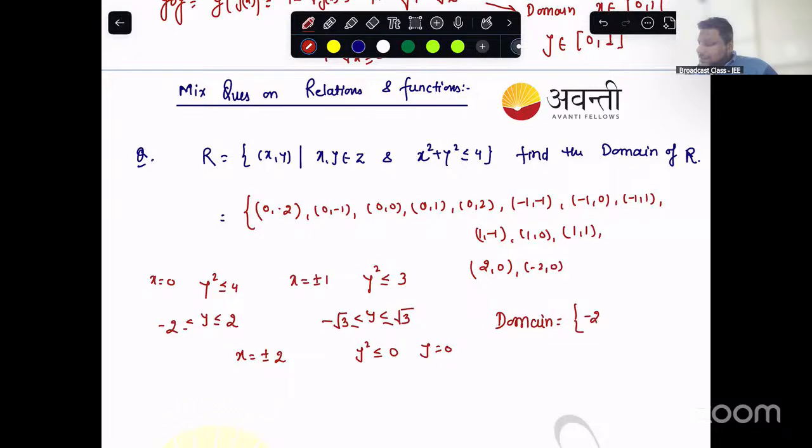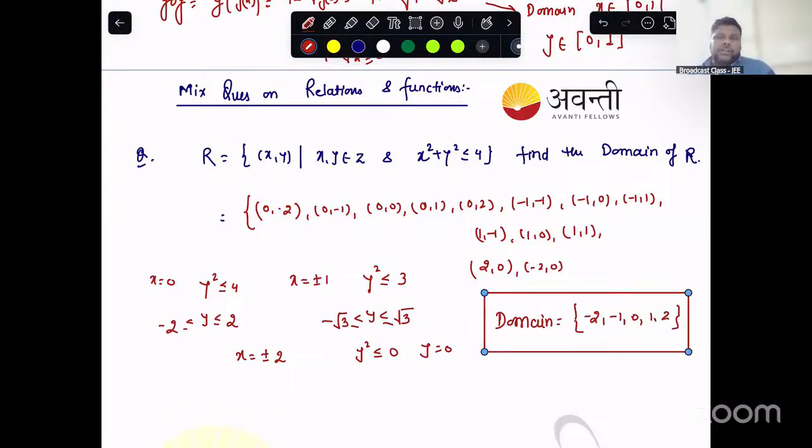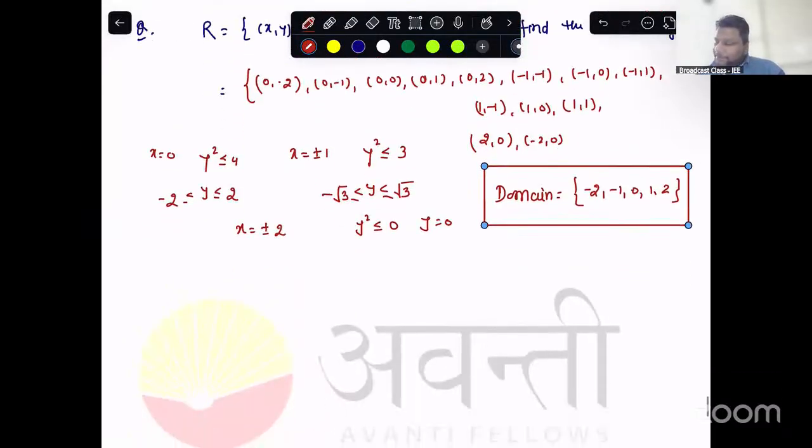So it is -2, -1, 0, 1 and 2. So these 5 elements constitute the domain of this relation. Am I correct? Is it okay, everybody?